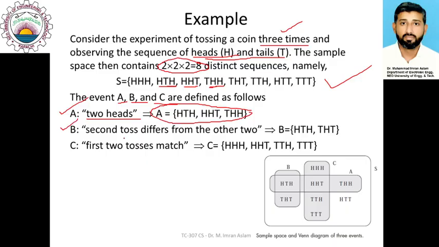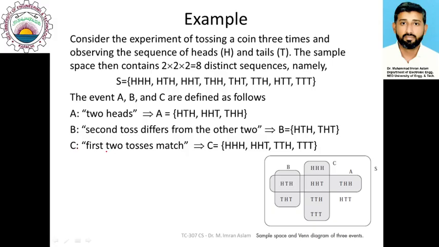Event B is defined as the second toss differs from the other 2. So the first and third tosses are the same, and the second toss is different. You can see that THT and HTH represent those conditions where the second toss is different from the other 2. So B would have only 2 elements, which are HTH and THT.